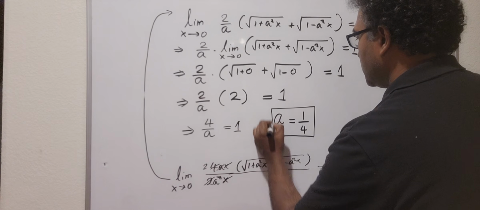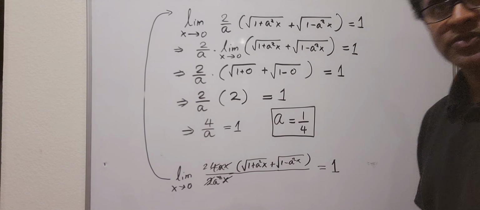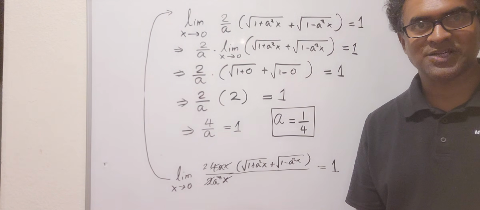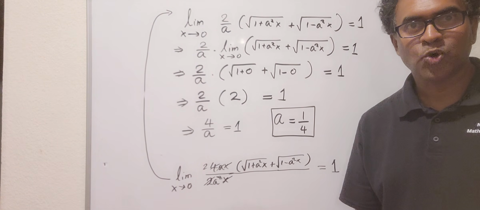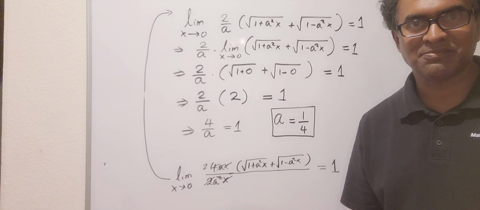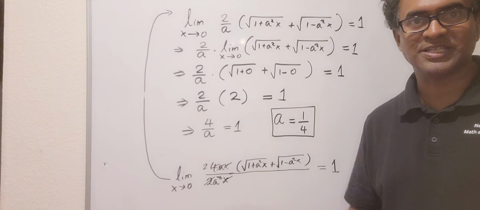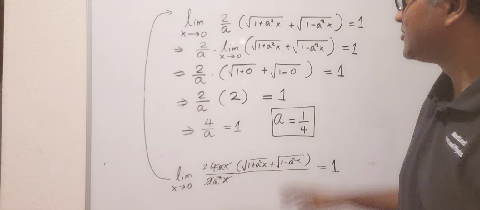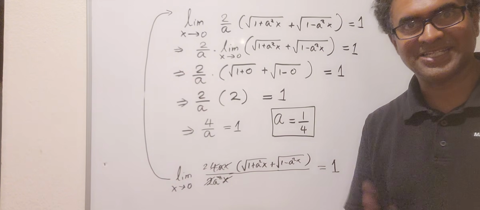So the answer for a is 1/4. I hope you learned something important when we solved this problem. It's basically like you need to know algebra to simplify the numerator and the denominator.